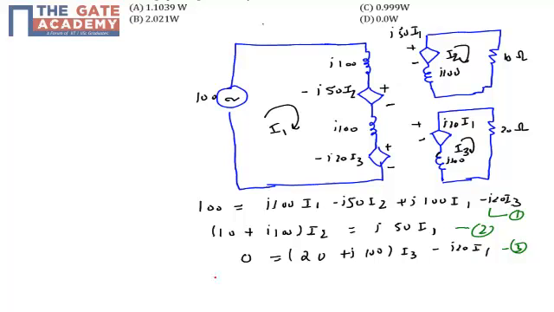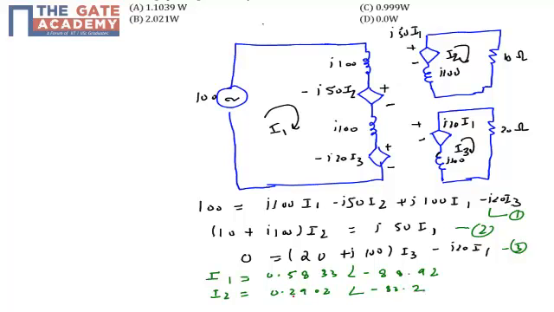By simply solving, we get the value of I1 as 0.5833 in magnitude, and the angle is minus 88.92. The current I2 will be 0.2902 at angle 83.2.